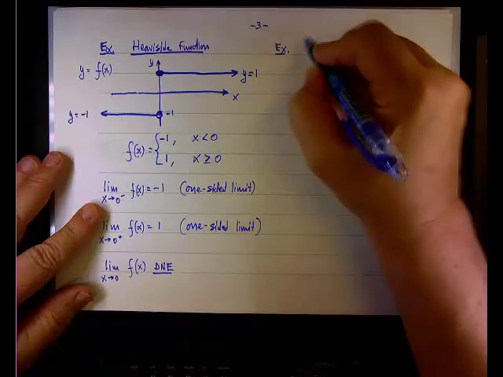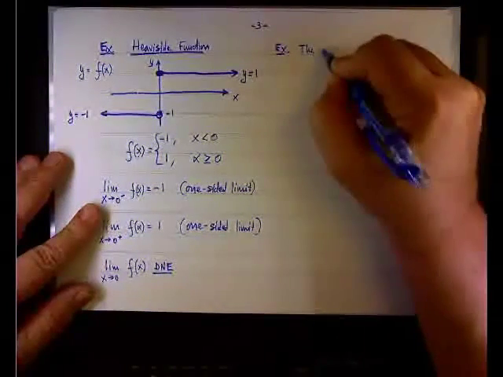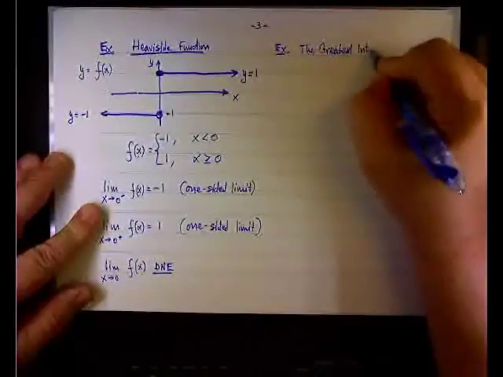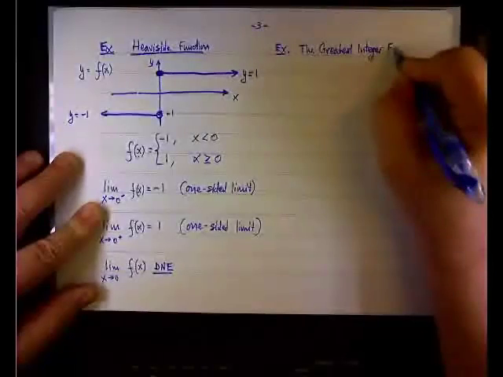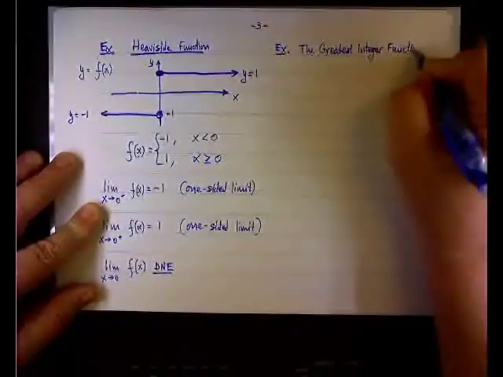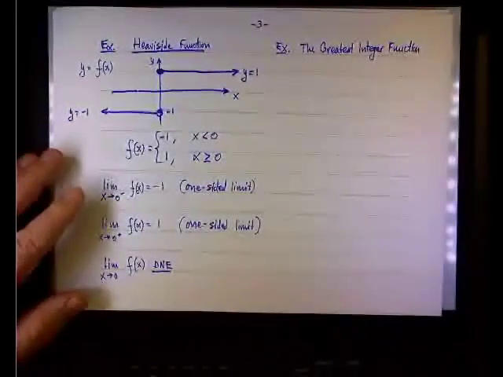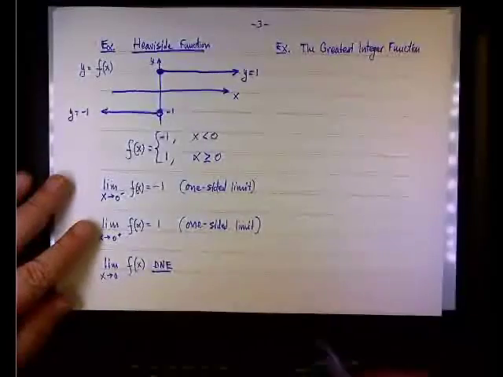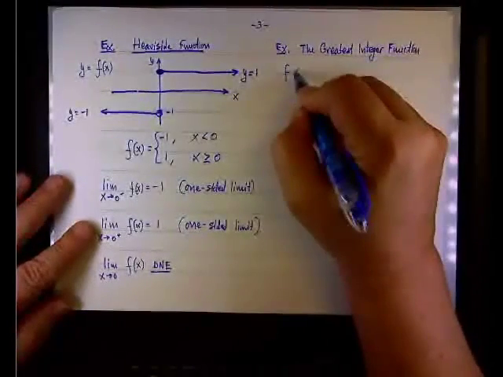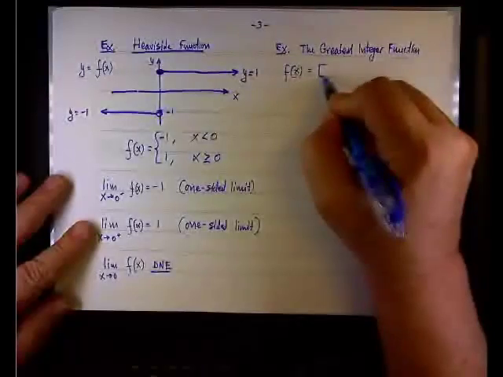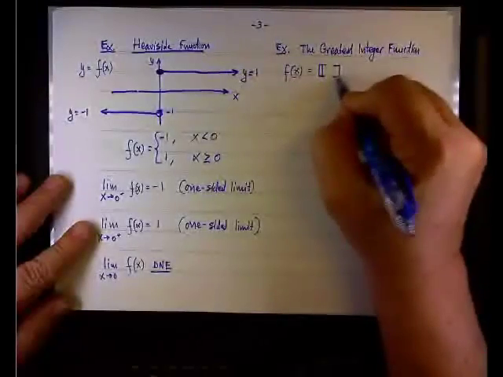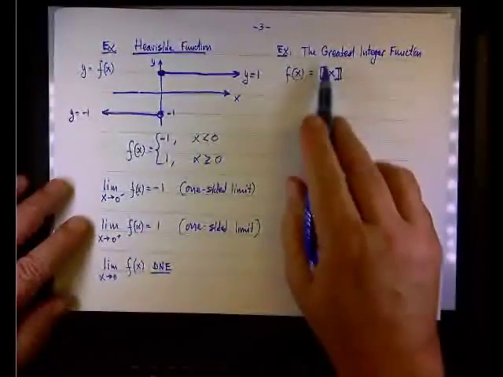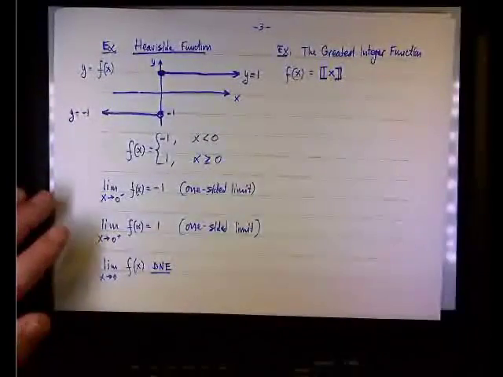Next function is the greatest integer function. The symbol is going to be like this: f of x equals a bracket, but shaded a little bit.